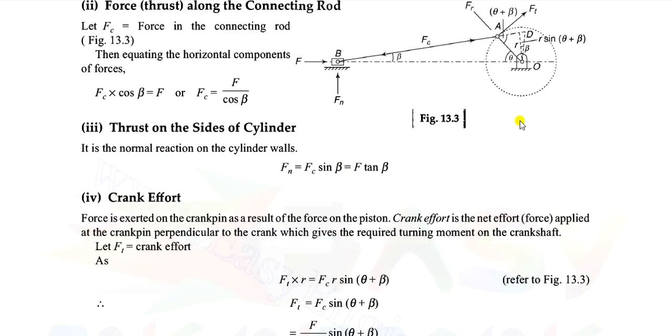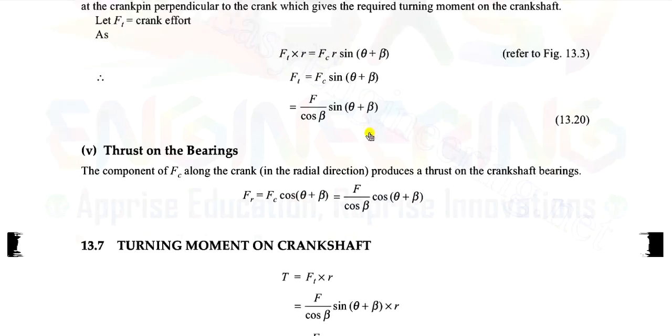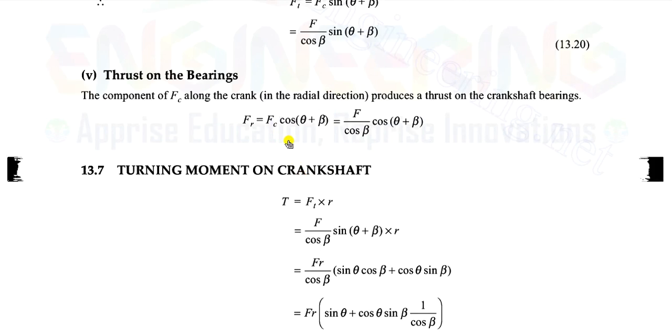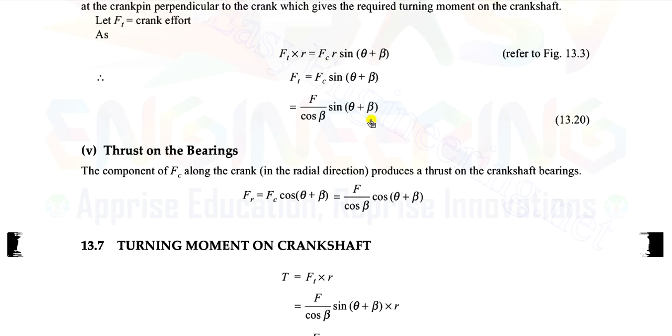Along this, the force is Fc and this angle is theta plus beta. So this is the cos component of Fc and this is the sine component of Fc. Fc cos theta plus beta, and Fc is F by cos beta. So Fr is equal to F cos theta plus beta by cos beta.